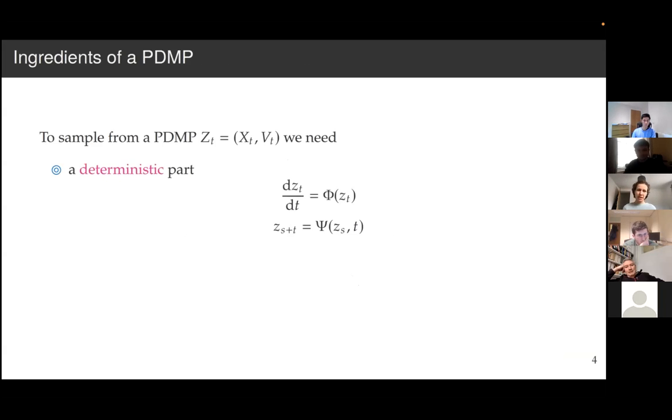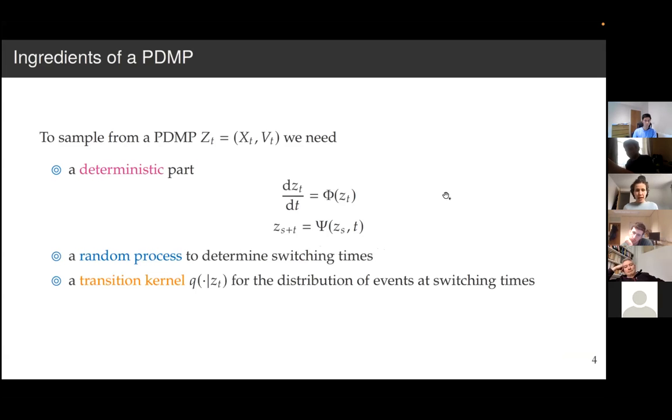The first is the deterministic part, a system of equations that tells us how the system evolves if nothing random happens. So if we're at time s, we can move forward and see the system at s plus t with no random event happening. Then we have the random events, so we need to define the process at which there are times at which the deterministic system changes. And then we need to define a transition kernel to see how the system changes at the switching times.